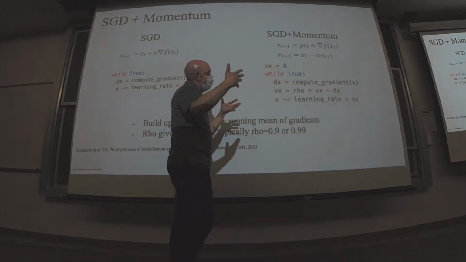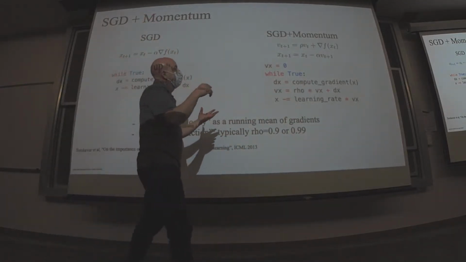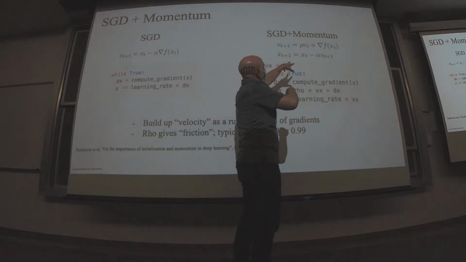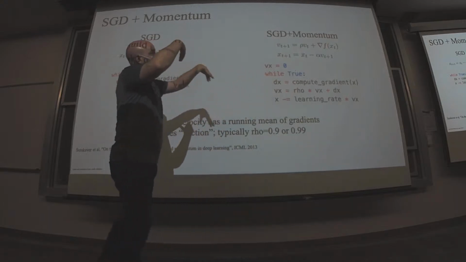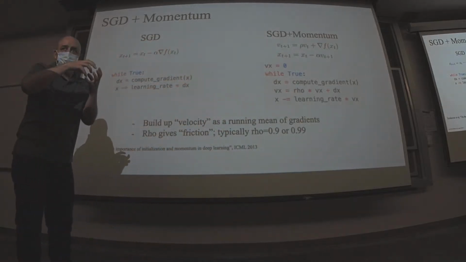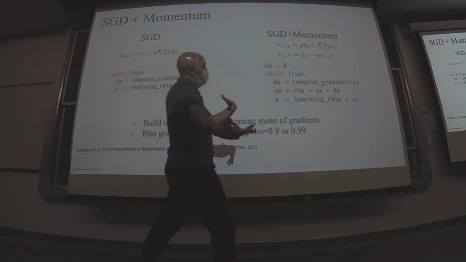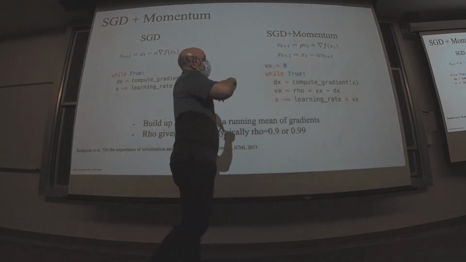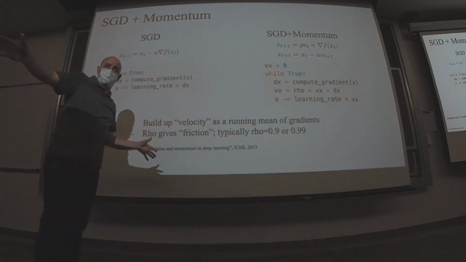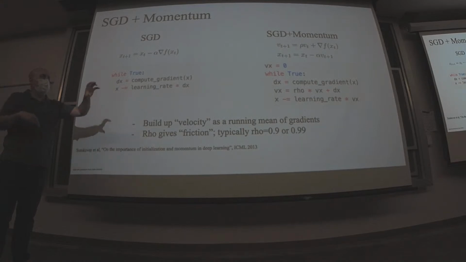So every time you take a step here, you're discounting this by rho. The first gradient, if you've done n iterations here, is going to be rho to the n minus 1, I guess. Remember, rho is between 0 and 1, so that's getting really small. The contribution of the first gradient to the momentum term is going to be small, and it's going to go to 0 eventually, depending on how many iterations you've done and what the value of rho is.